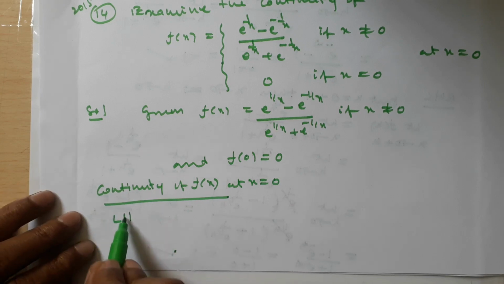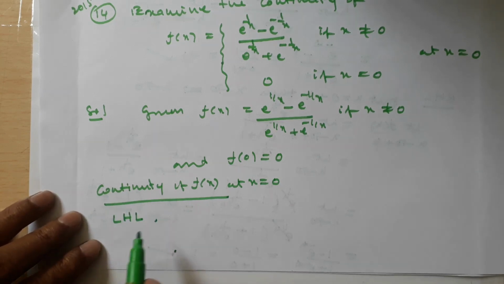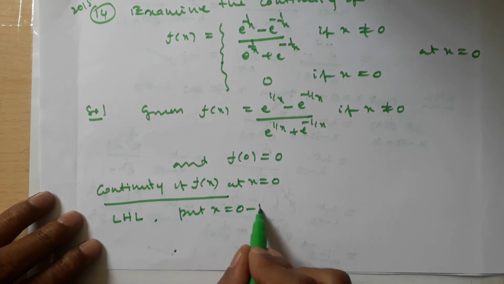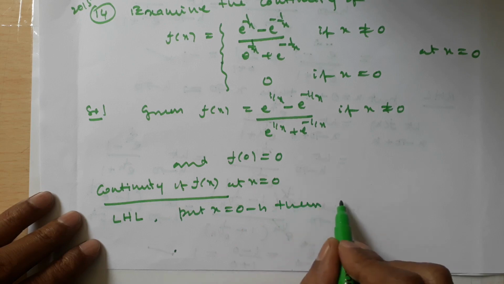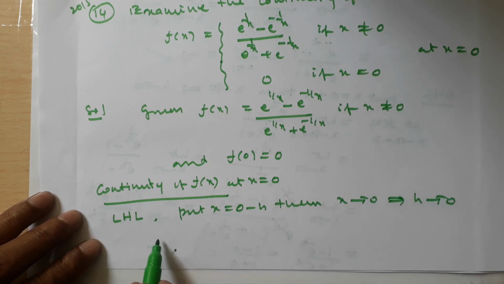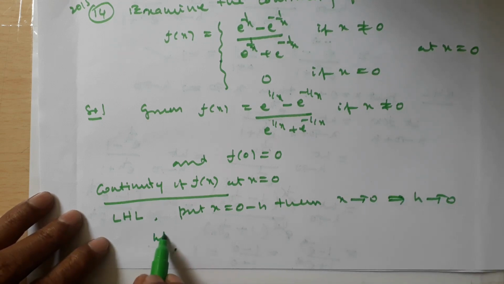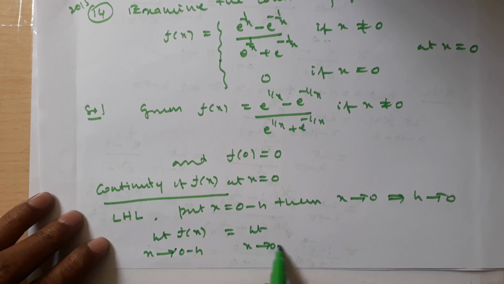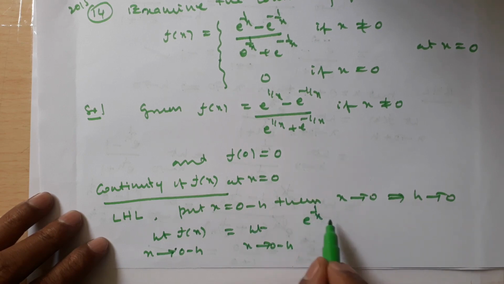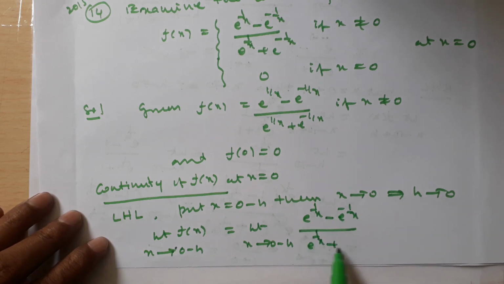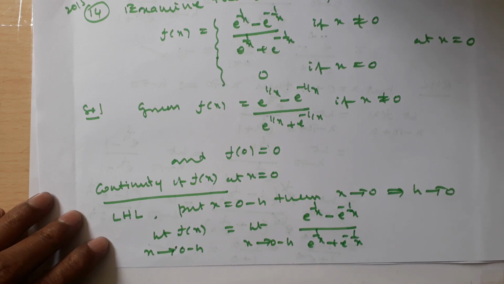Now we have to check the LHL. Put x is equal to 0 minus h, then x tends to 0 implies h tends to 0. So now apply the LHL. Limit of f of x as x tends to 0 minus h is equal to limit (e power 1 by x minus e power minus 1 by x) divided by (e power 1 by x plus e power minus 1 by x).